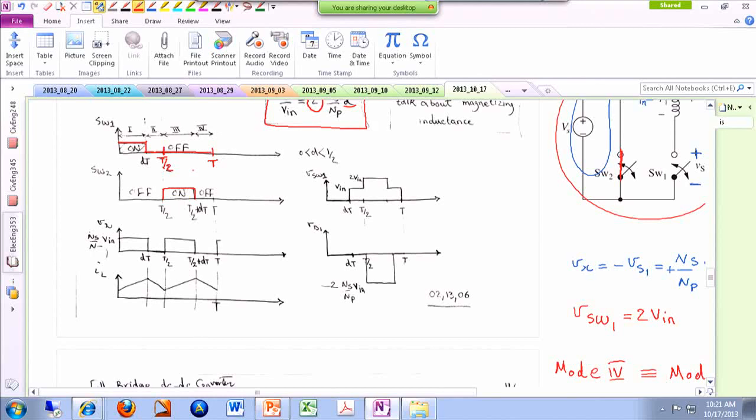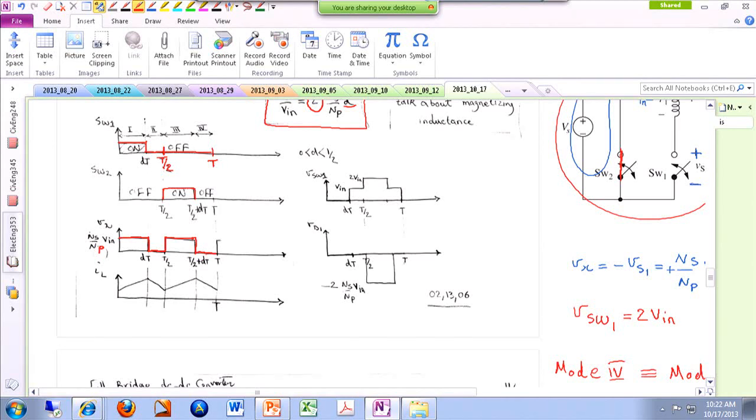So we were looking at Vx. In the first mode, Vx is a reflection of the input voltage, Ns over Np times Vin. In the second mode, because both of the diodes were on, Vx is 0. In the third mode, Vx was the same as the first mode, Ns over Np, because we have a rectifier, and then the fourth mode, it was 0.